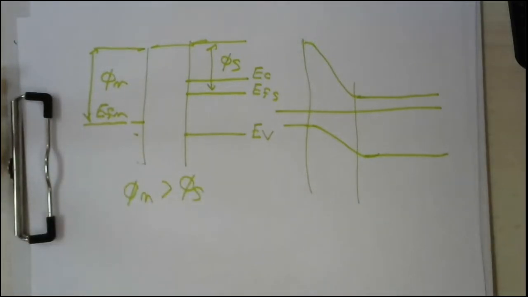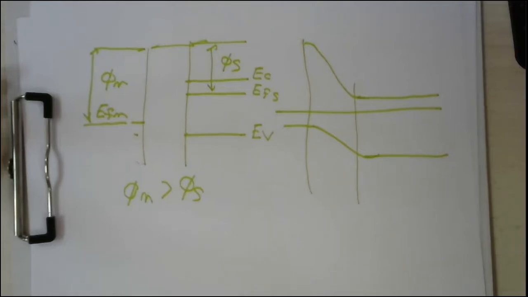Okay, so now we are going to ask ourselves a very important question. Is this junction going to lead to the motion of the majority carrier, or will it block the majority carrier?